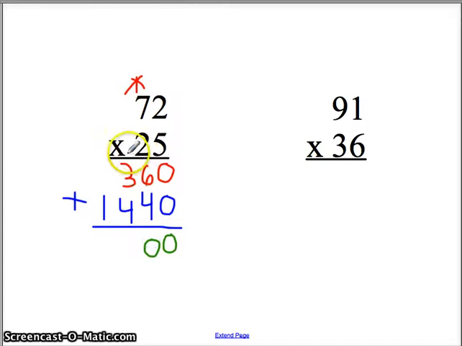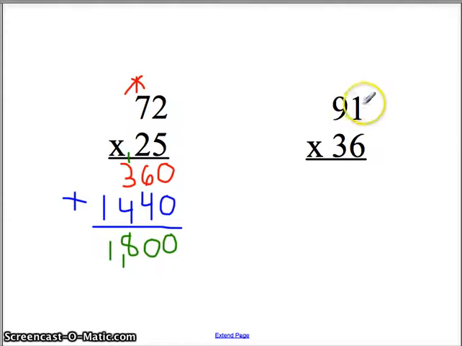Bring my 1 to the top. 1 plus 3 is 4, plus 4 more is 8. And then I have a 1. 1,800.